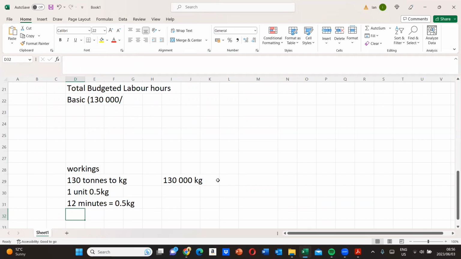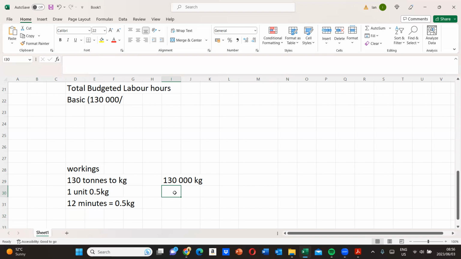There are so many ways that you could have queued this part of the question. Someone could have said, okay, 1 unit is equal to 0.5 kgs, so how many units are there in 130,000 kgs? We can all agree that it is more.